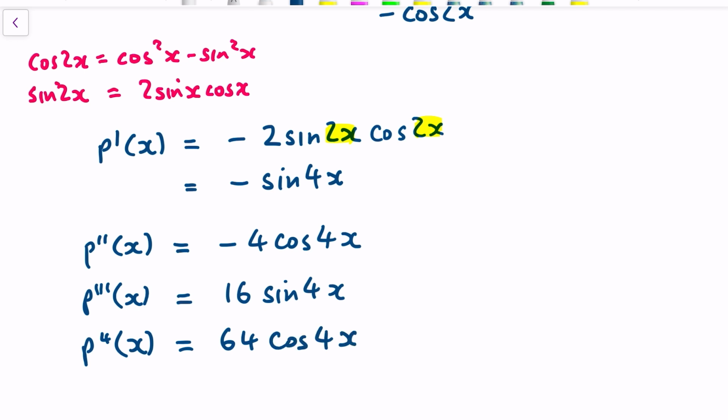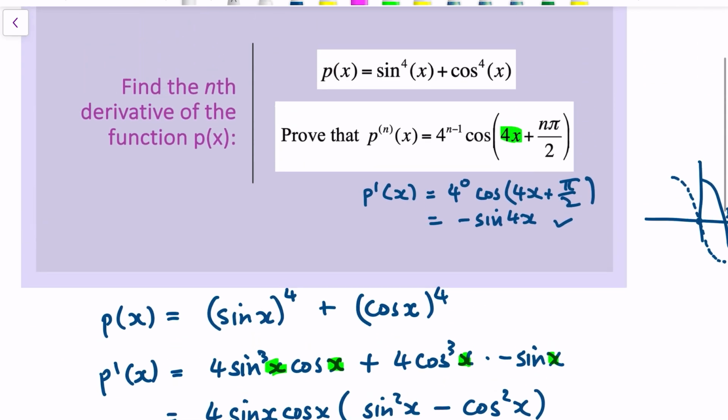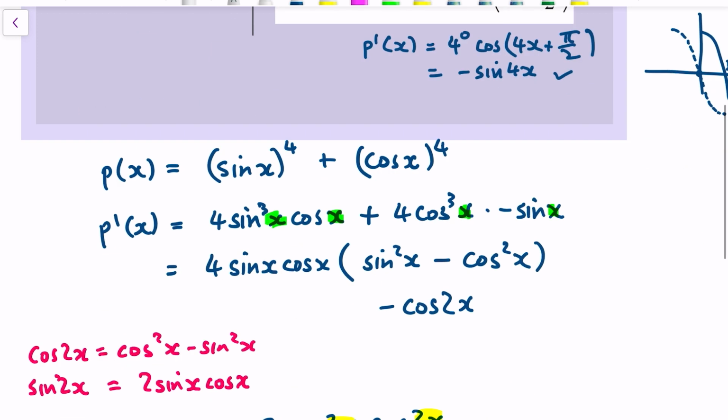So the coefficient in the front is going up in powers of 4, which is definitely related to that there. The n minus 1 comes from the fact that the first derivative actually didn't have a 4. And then the cosine of 4x plus n pi over 2 thing.